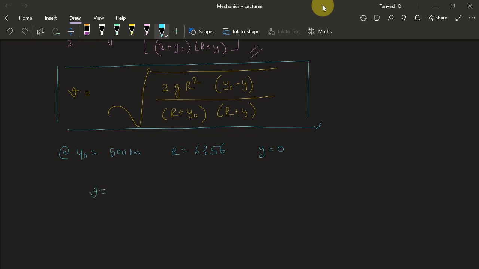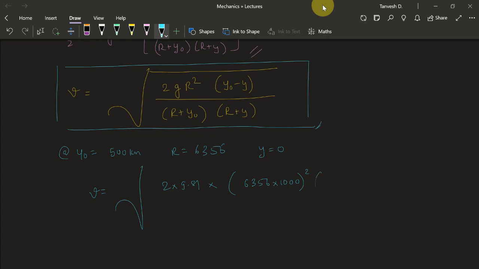So v will be equal to the square root of 2 into 9.81 into r square, 6356 into 1000. We have to convert everything into meters now because our acceleration due to gravity is in meters per second square. Or you can convert your acceleration due to gravity into kilometers per second square, but all the units should be the same.